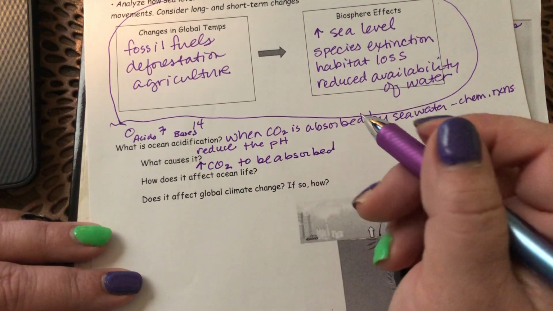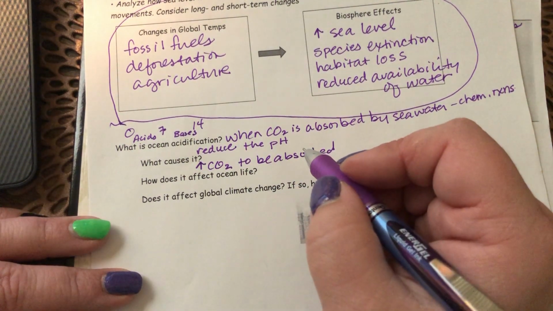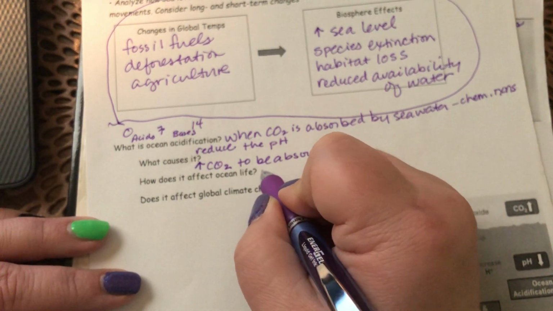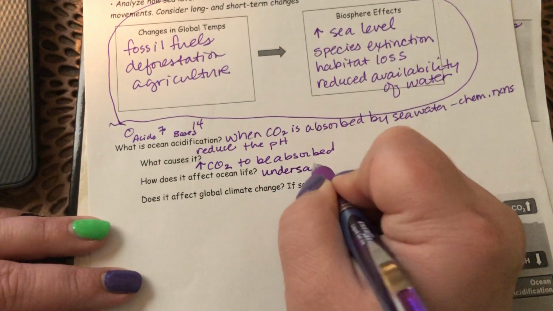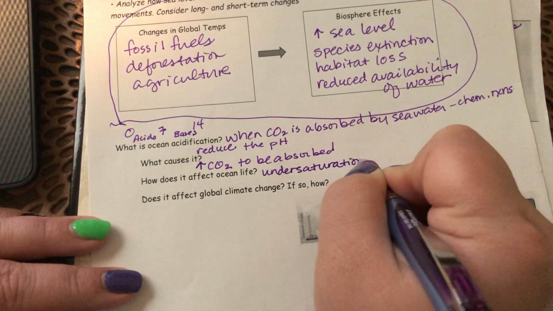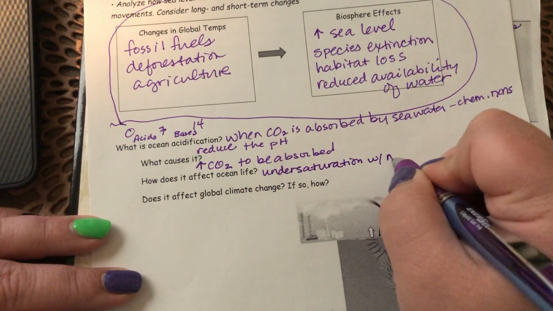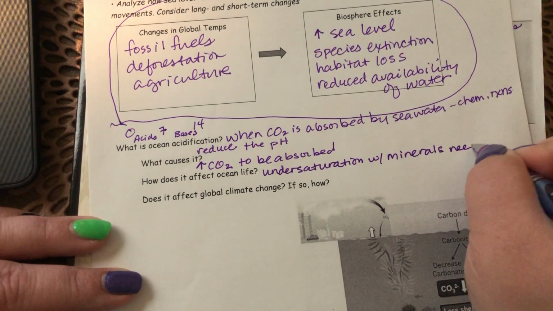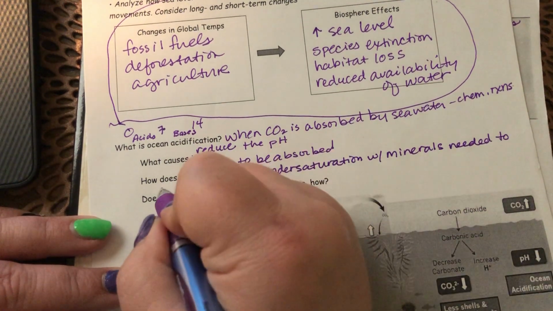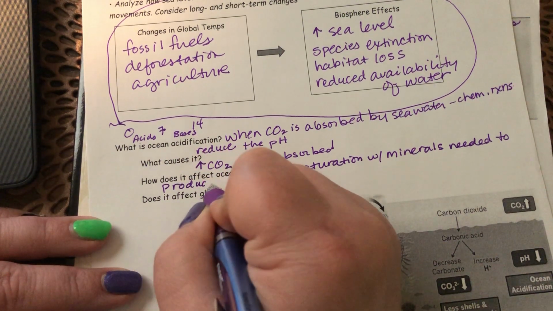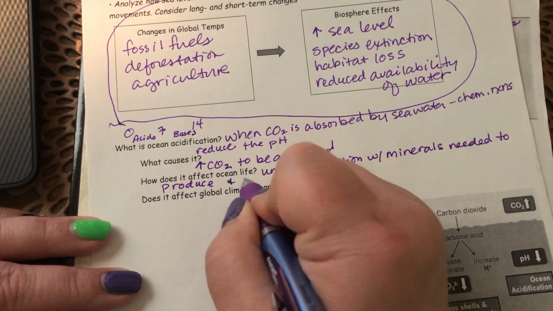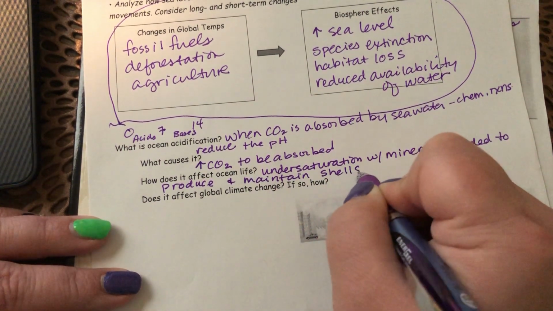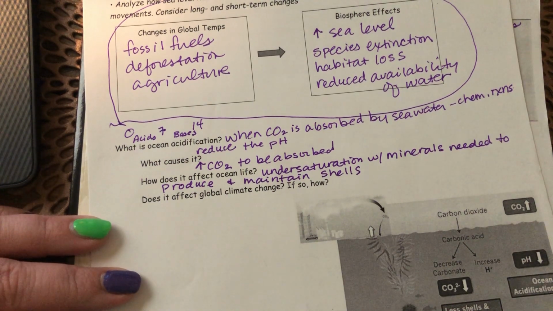How does it affect ocean life? So what happens is that there's an undersaturation with minerals. The minerals don't get absorbed as much because of the CO2, and these minerals are needed to produce and maintain many shells of living things in the ocean.